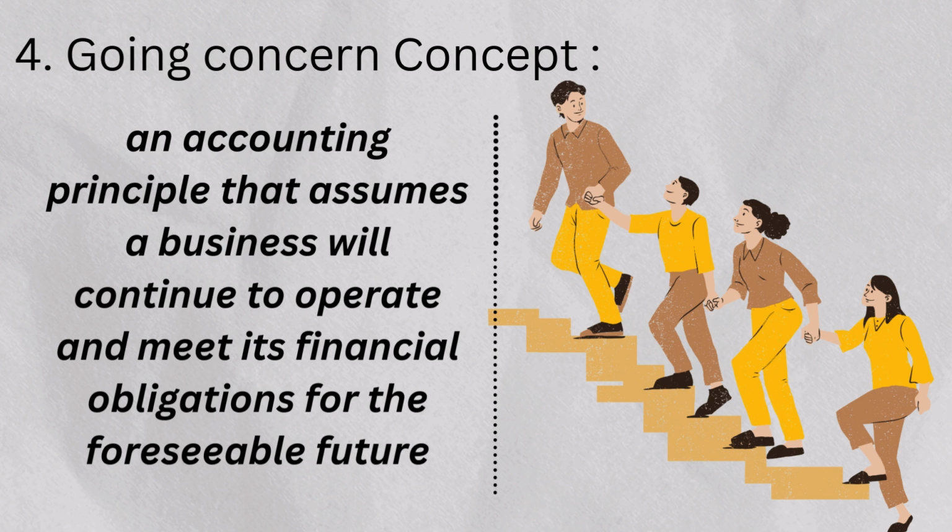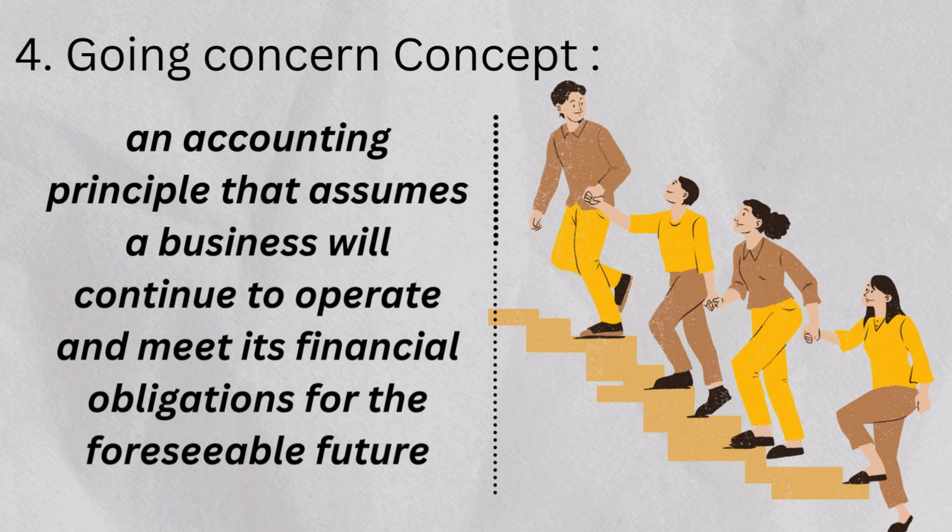According to this concept, according to generally accepted accounting principles, it is said that the company remains live till it is liquidated by the government or shut down by the government. Okay.